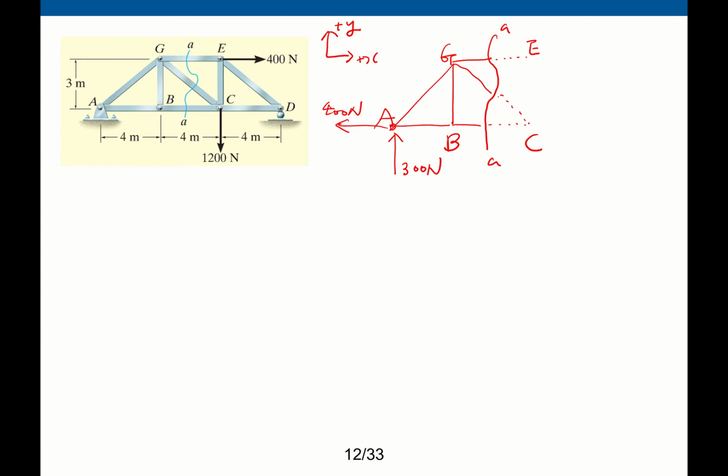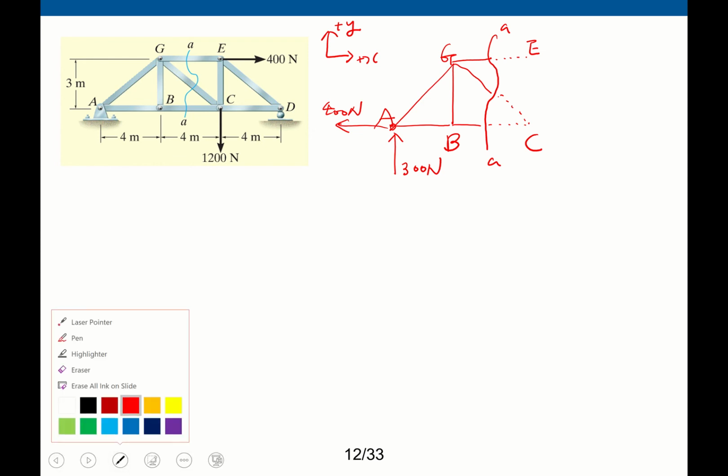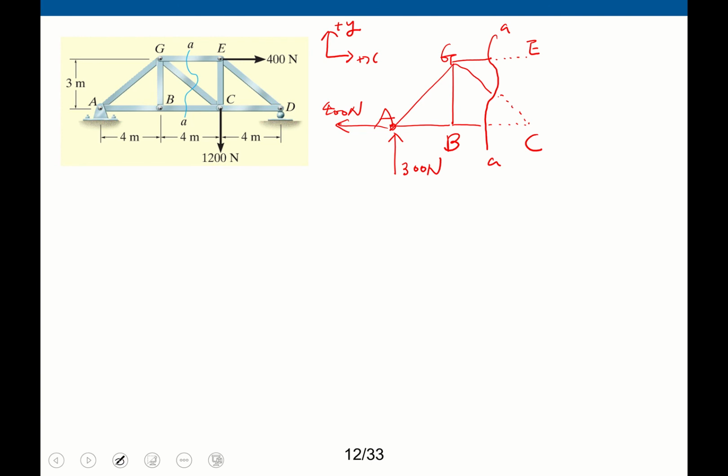If you see that we don't know these three forces, let's assume these three unknown forces are in tension. Tension means pulling forces from point B. This is pulling from point B, this one is also pulling from point G, this one is pulling from point G. So we have three pulling forces.